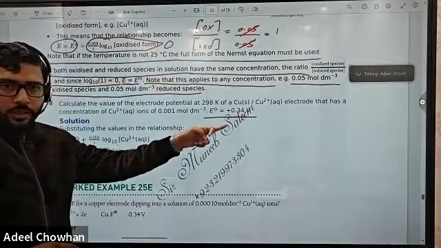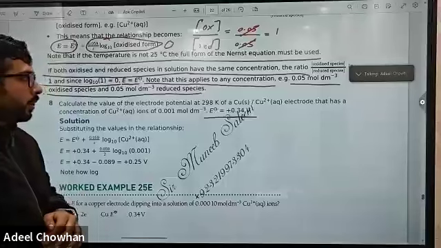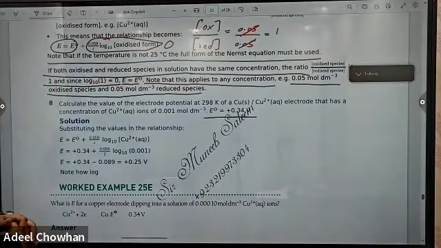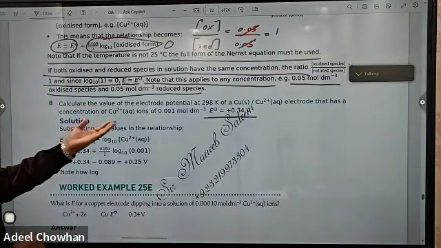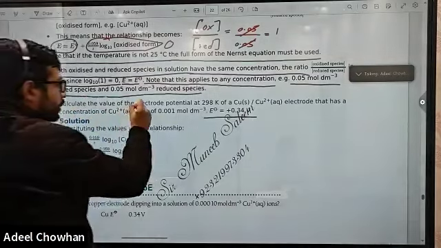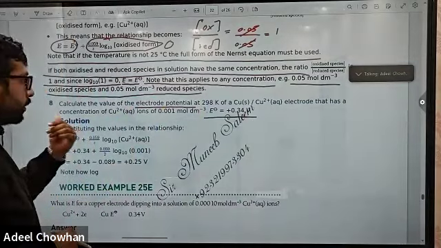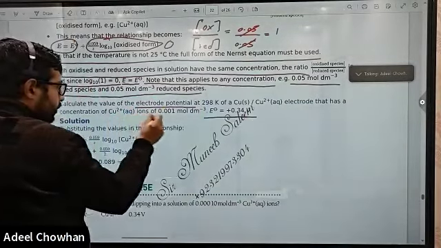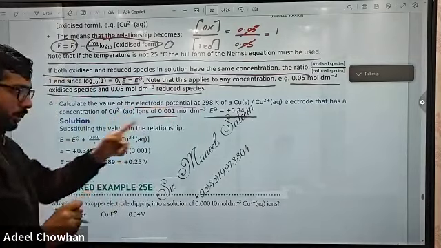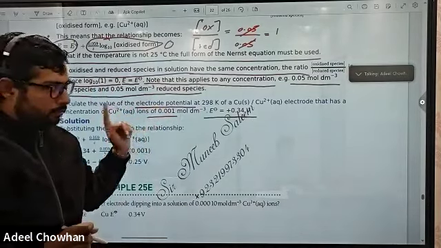The same value is mentioned in the electrochemical series. We have to find the value of the electrode potential at 298 Kelvin of our copper ions, considering that the concentration is different. It is not a standard condition.